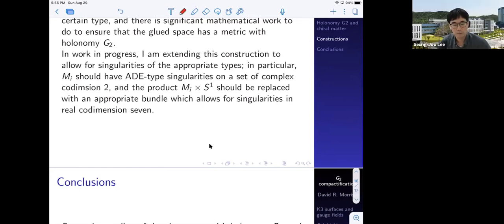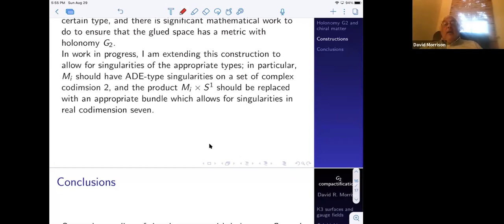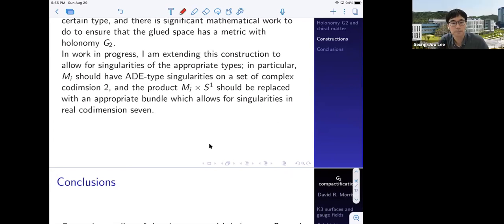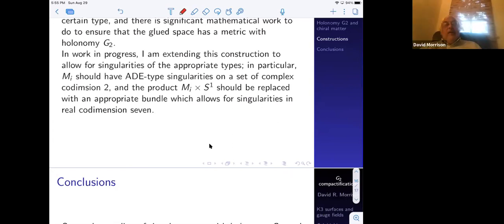So the TCS construction by itself doesn't allow for codimension 7? That's correct. I mean, mathematicians were excited that they had a way of building manifolds, right? And so TCS was all about manifolds. And as I mentioned, there is this delicate mathematical work that you have to do, which is mathematical analysis to prove that you got a G2 metric when you glue things together.